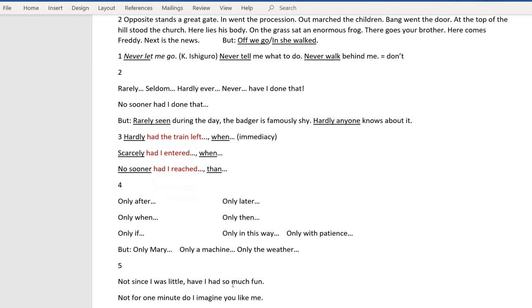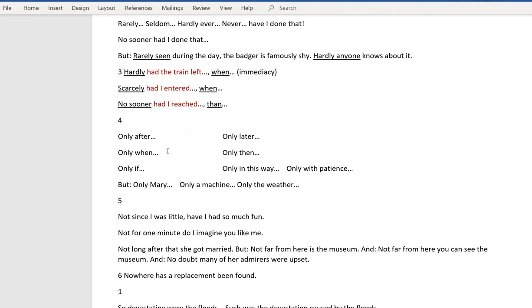We have a look at only, and you can see that I have actually created kind of 2 columns: only after, only when, and only if, only later, only then, only in this way, or only with patience.